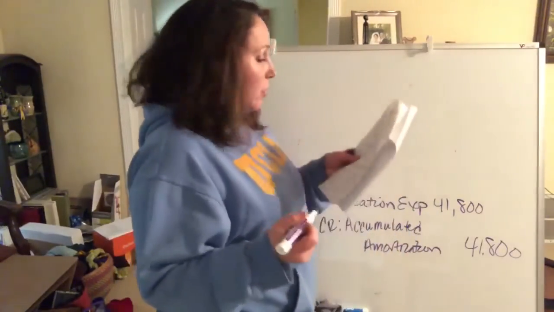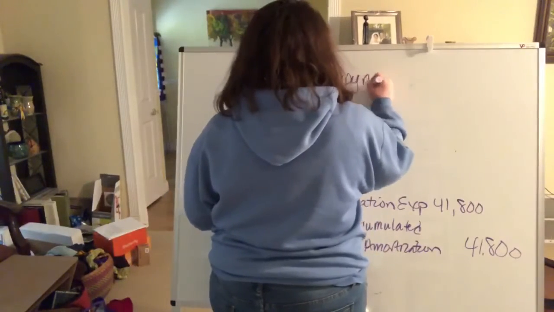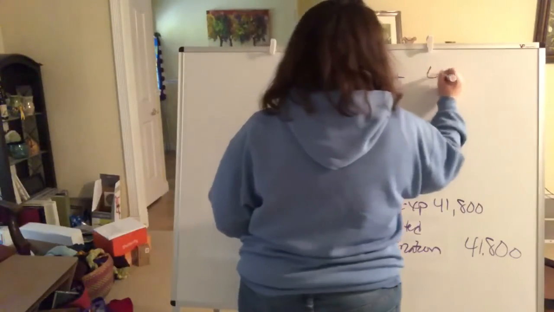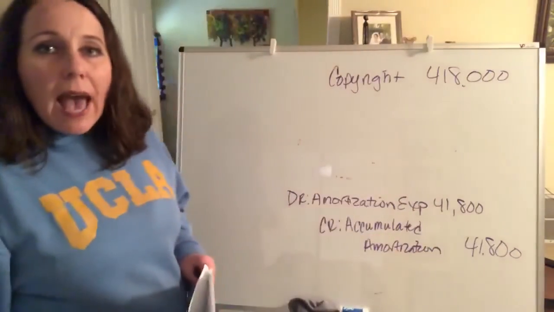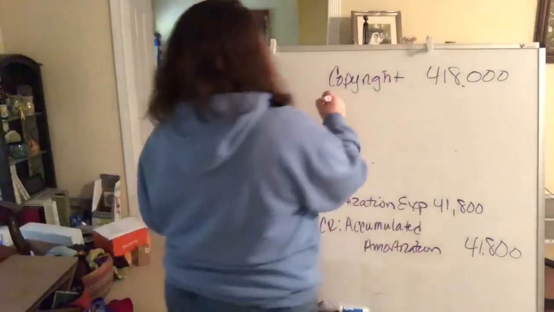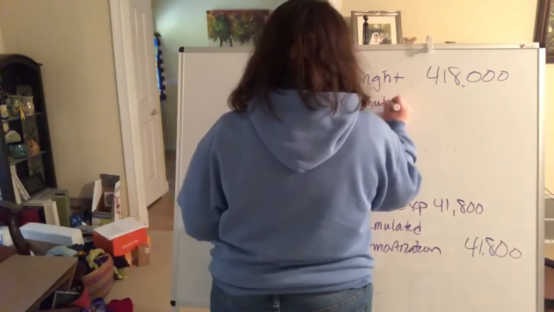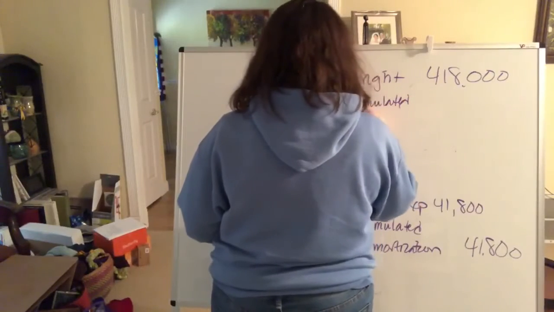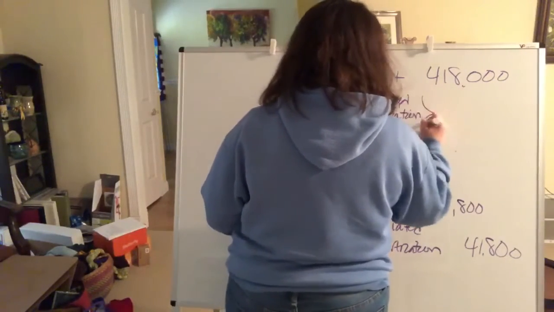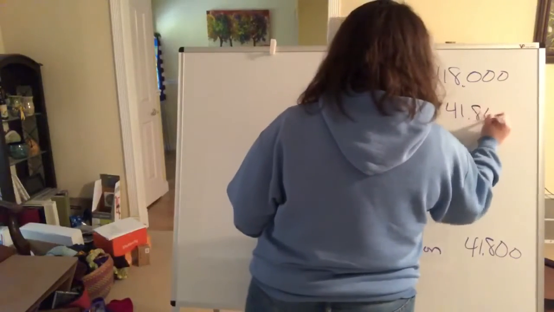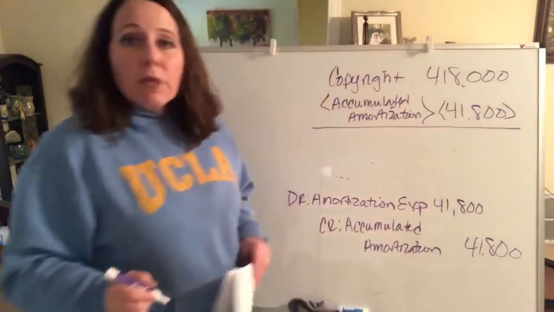So to calculate the net book value, we have our copyright. Copyright's on our books at $418,000 minus accumulated amortization.